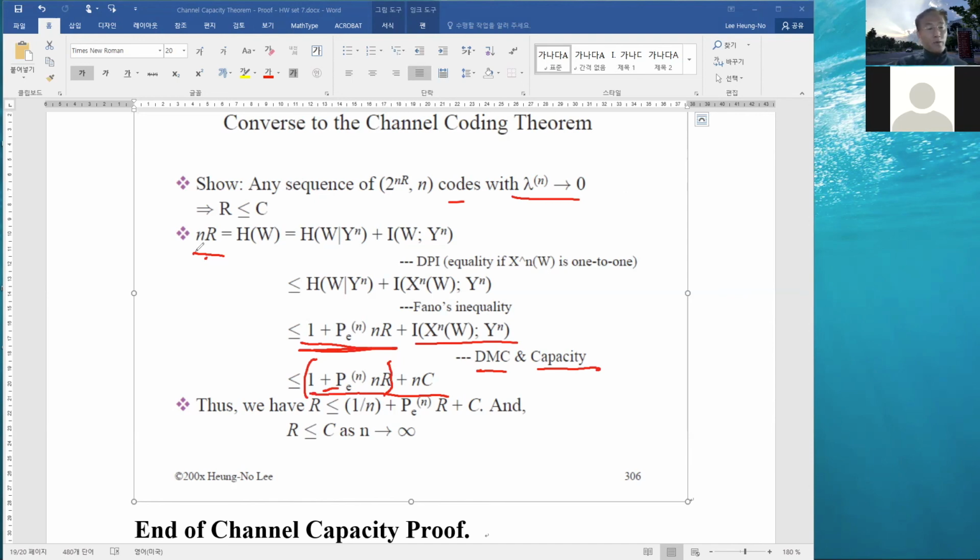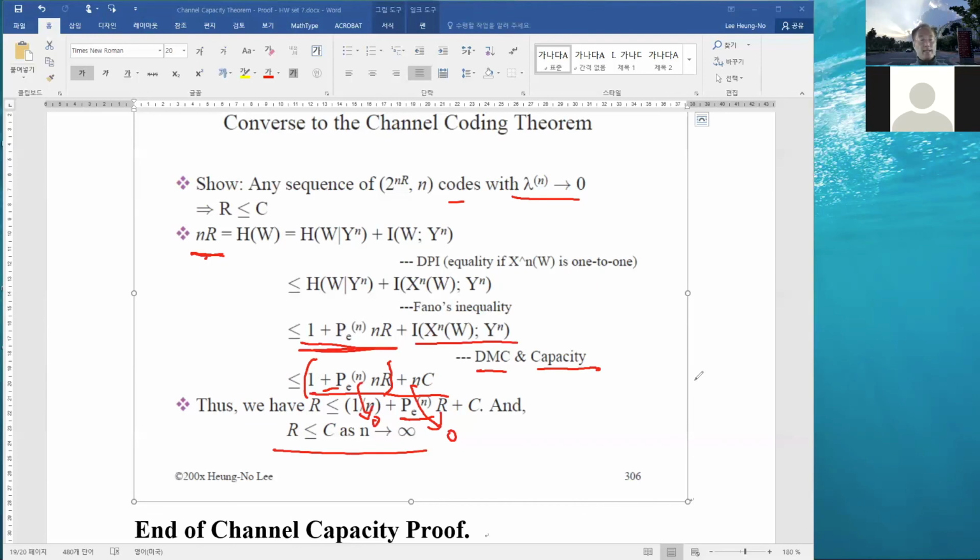Once you have this, you divide both sides by n, so this becomes 1 over n plus PE times R plus C. This term approaches 0, and R is a fixed number, so this also goes down to 0. So rate R should be less than or equal to C as n goes to infinity.